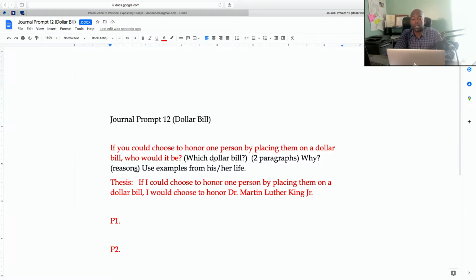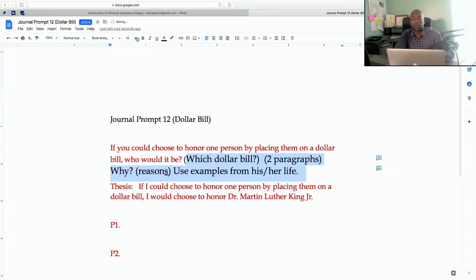When I'm looking at the writing assignment, what they're asking me, this part right here, this is the part that I'm focusing on to give my body paragraphs their jobs. So reasons why, I'm gonna say that is something that is going to likely show up in both paragraphs. So I'm gonna put that here. But then it also says use examples from his or her life.